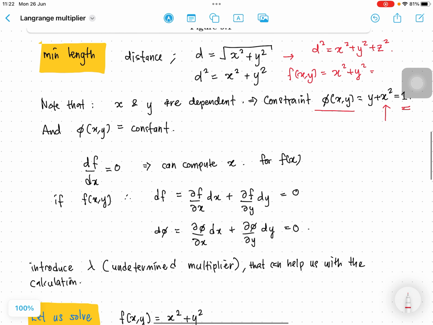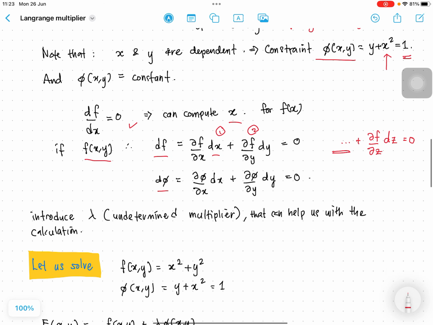And then you can find df/dx equals 0, then you can compute x if it's for one variable. If there are two variables, you do the total derivative. So you find the partial f_x dx, the first term and second term for two variables. This happens as well for the constraint function. If you have three variables, then you have to add f_z dz equals 0, and you have all the rest.